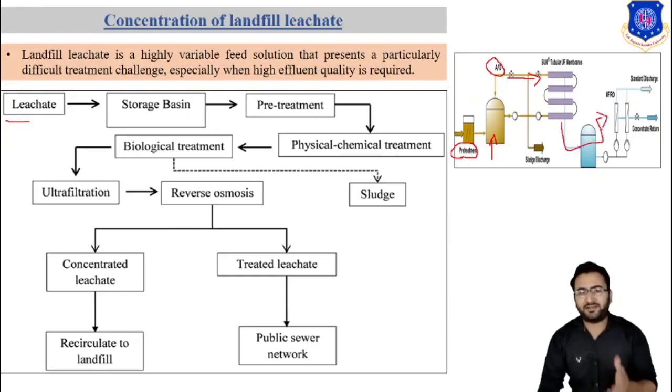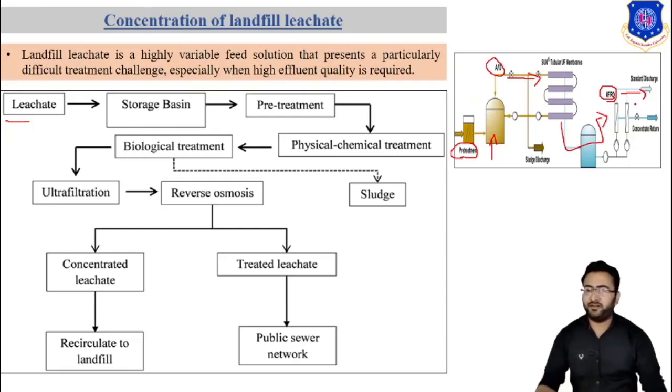Mostly reverse osmosis is used for the concentration of landfill leachate. If the TDS and other particles are at a low level in the mixture, then nanofiltration is used. Otherwise, we can go for reverse osmosis and we will get pure water. So this is how the concentration of landfill leachate is done.